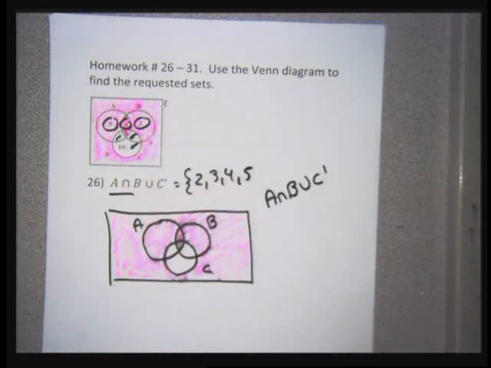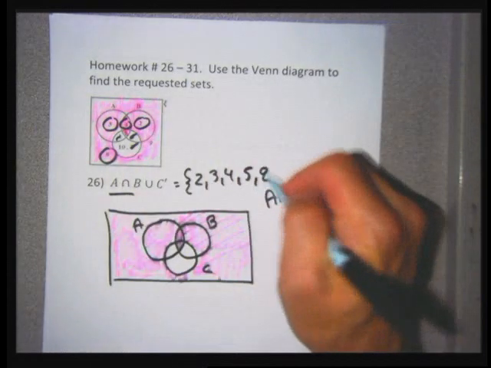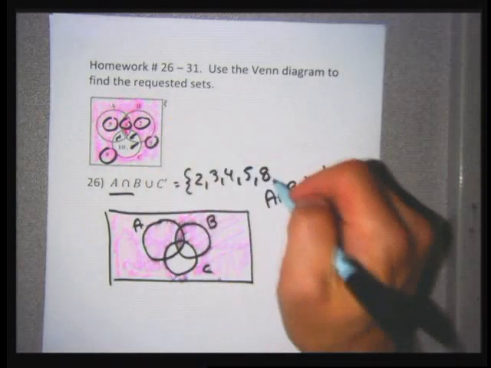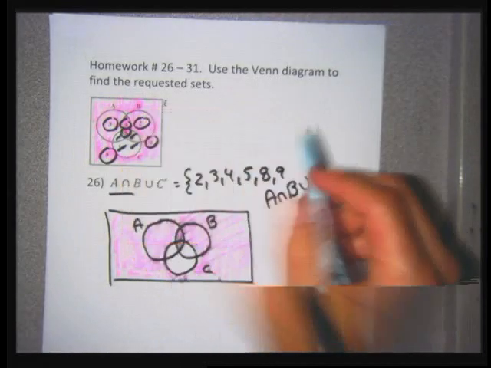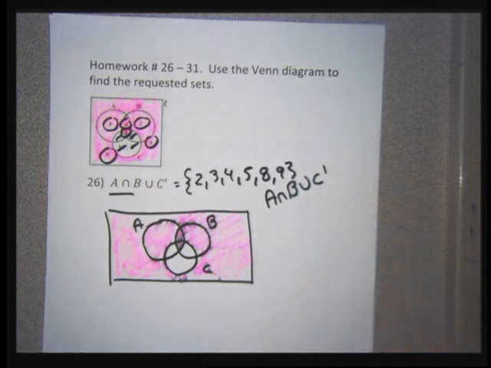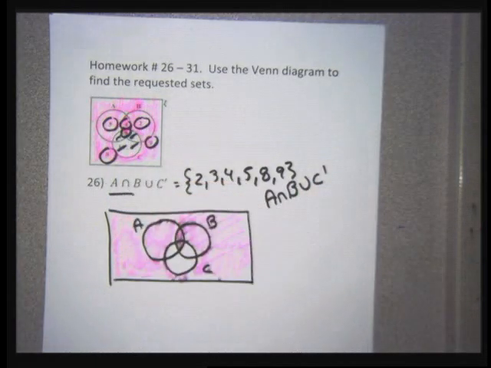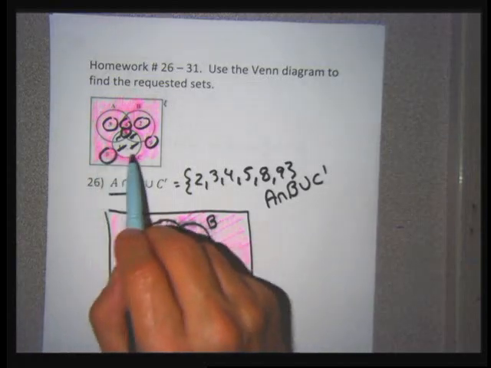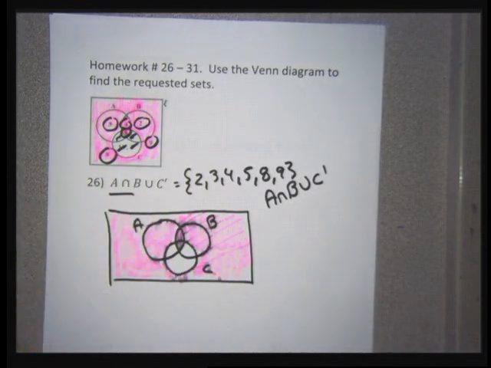I don't have 7 shaded. I have 8 shaded. I have 9 shaded. And I don't have 10 shaded. So it's going to be 2, 3, 4, 5, 8, 9. So 2, 3, 4, 5, 8, and 9. It's missing the 1. It's missing the 10. I guess that must be a 7 there that I crossed out that I can't see anymore.